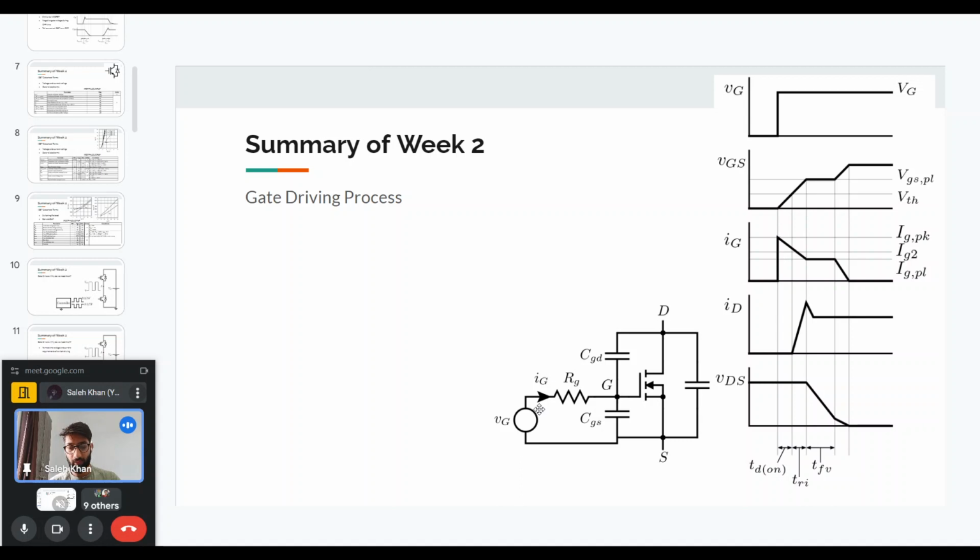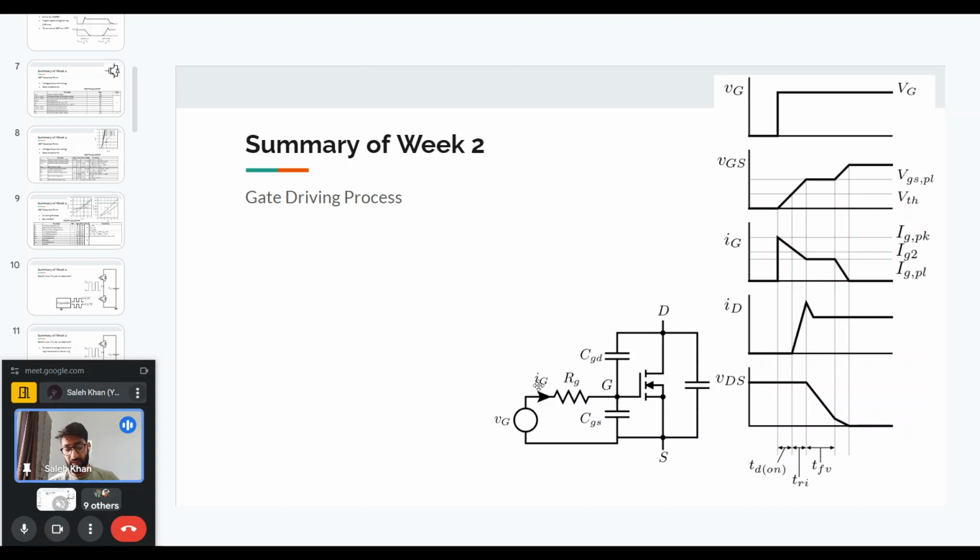Then as this current goes to the MOSFET, it will charge the CGS capacitor. As it charges the CGS capacitor, the voltage VGS rises, as we've seen previously. Because VGS is rising, the voltage that comes across the RG resistance reduces.